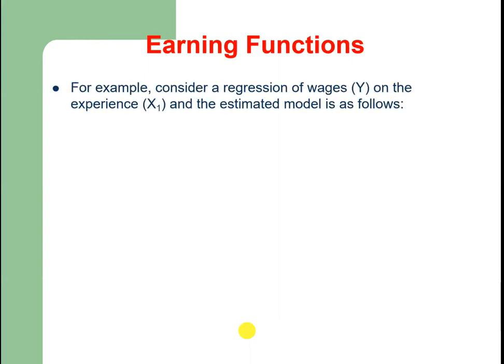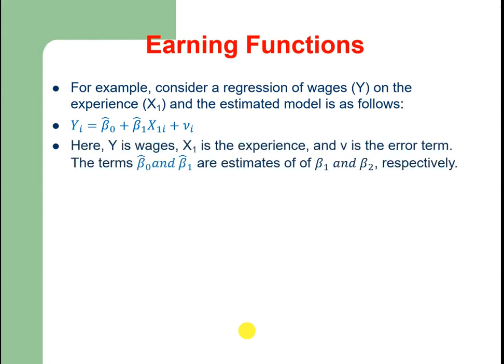Let us take an example of earnings functions. Consider a regression of the dependent variable y on one independent variable x1, and let us suppose the estimated model is as follows, where yi is equal to beta naught hat plus beta 1 hat x1i plus vi. Here the dependent variable y is wages, the independent variable x1 is experience, and v is the error term.